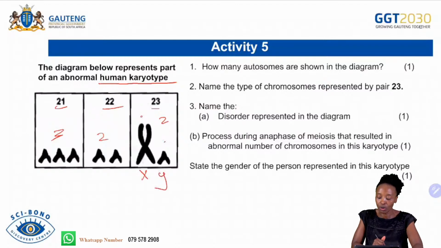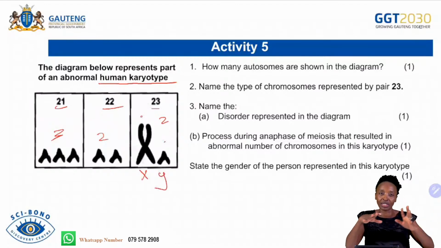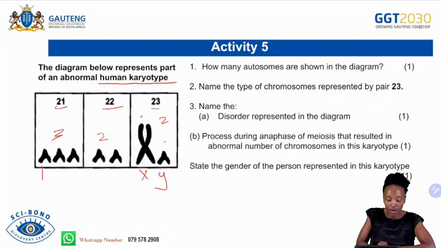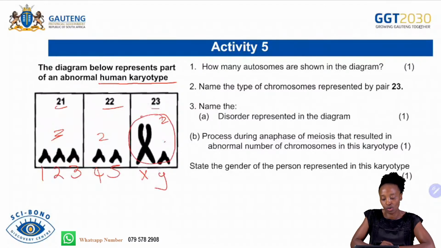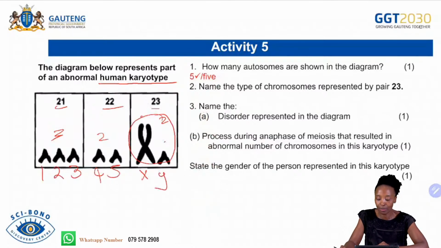Now, how many autosomes are shown in the diagram? Remember, the autosomes are all the other body chromosomes except the sex chromosomes. So it's 1, 2, 3, 4, 5, because these are the sex chromosomes. So the answer there is 5. Name the type of chromosomes represented by 23.